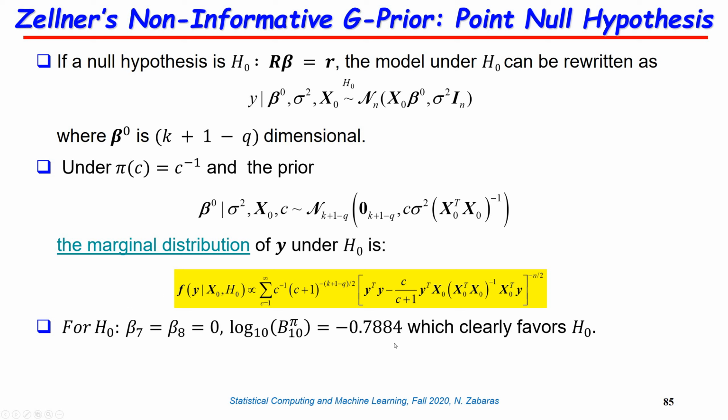This turns out to be minus 0.7884, which obviously favors the hypothesis H0 that beta 7 and beta 8 are equal to 0.